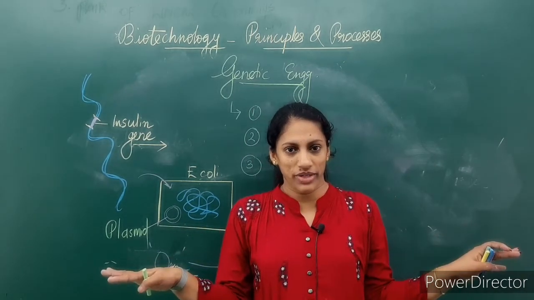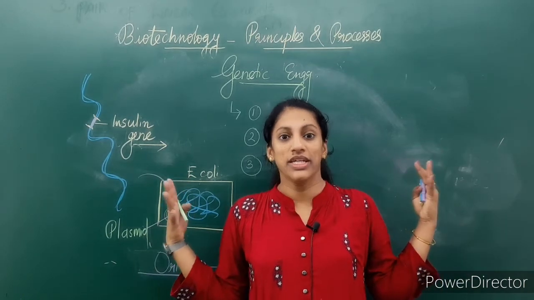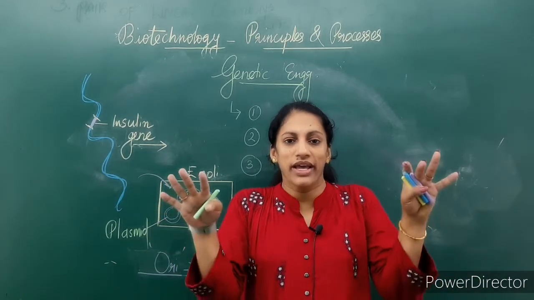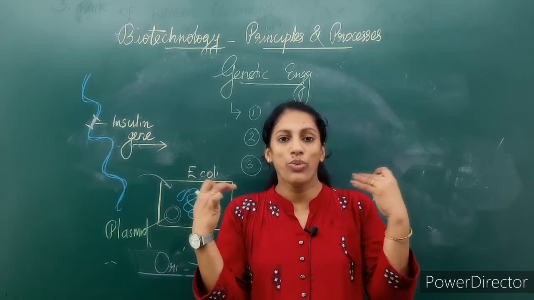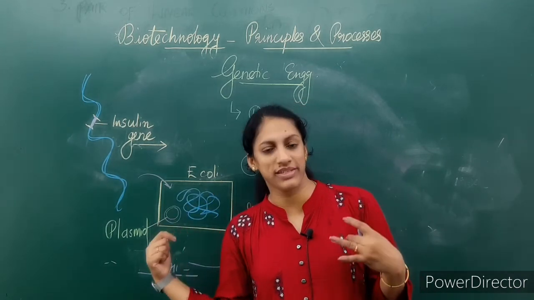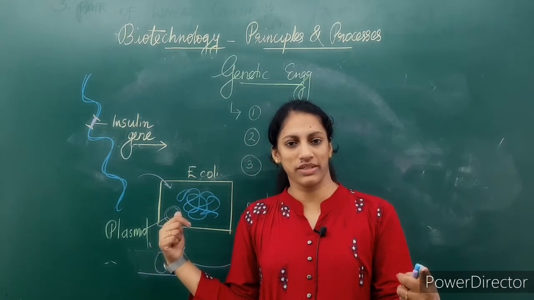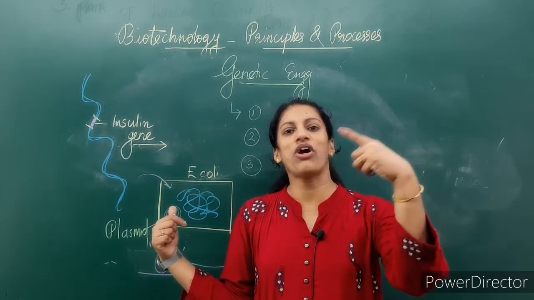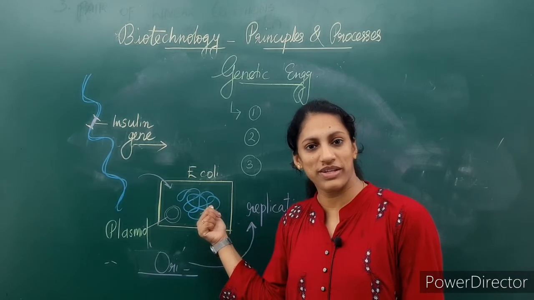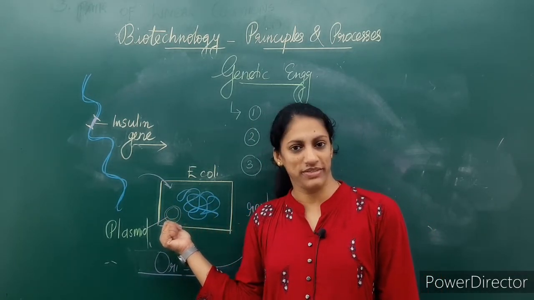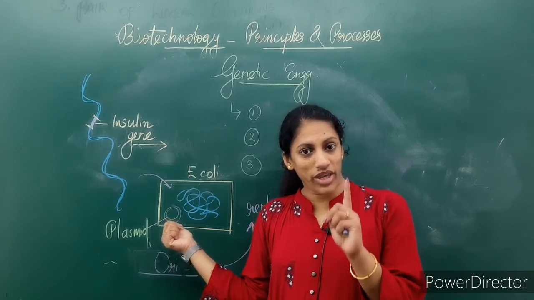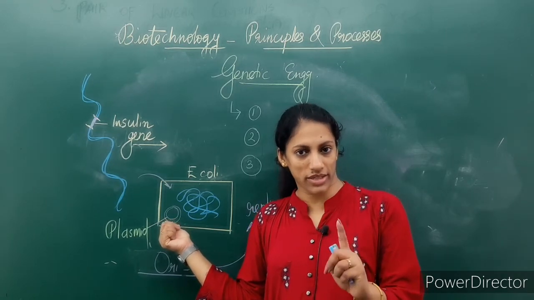All of you listen carefully here. If a scientist wants to multiply our gene in a bacterial cell, it is not compulsory that it should be incorporated into its normal genome. It can be incorporated into its plasmid. Hereafter we are discussing that side.